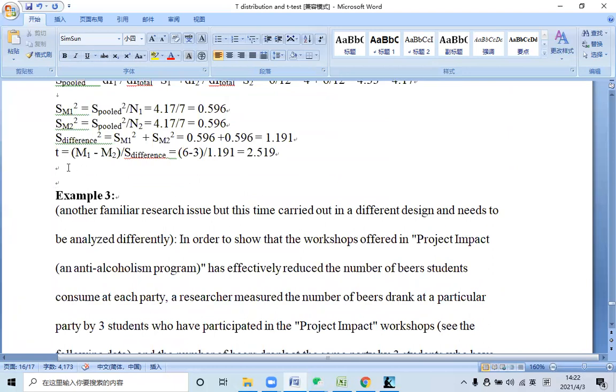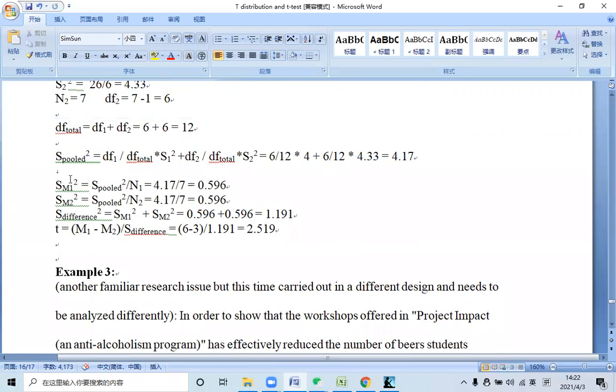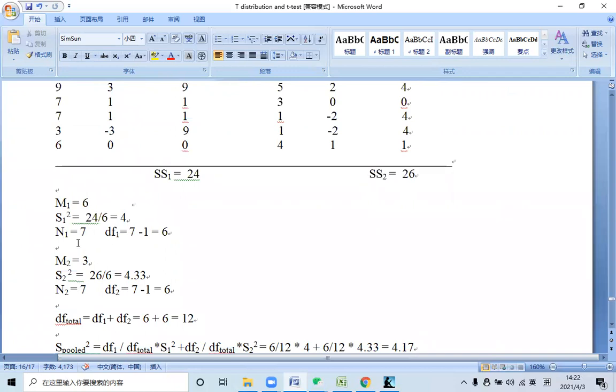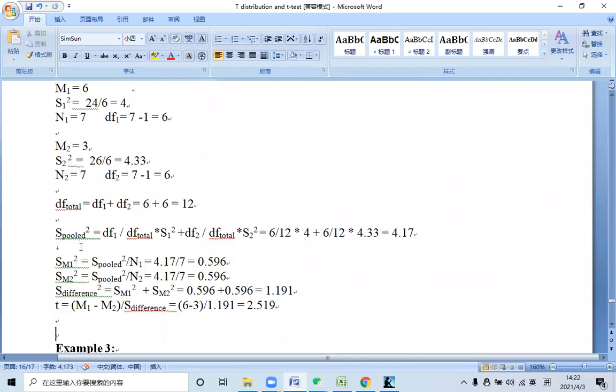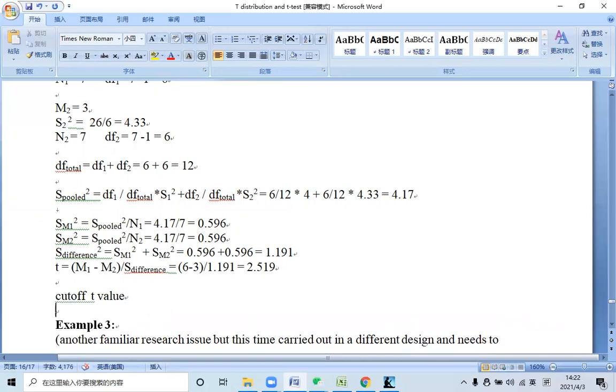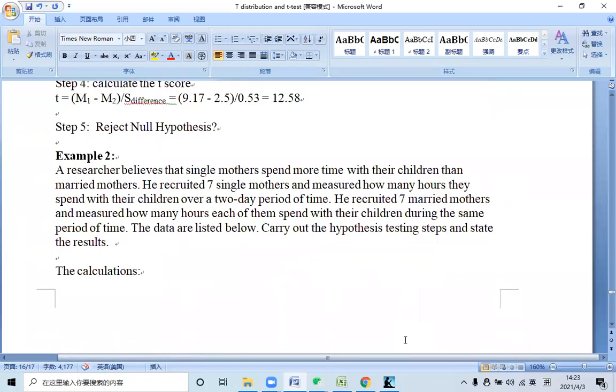The result is based on the t-value. Now, you need to compare the t-value against the cutoff. Did we get the cutoff? No, so we need to get it. Do I have the p-value specified?